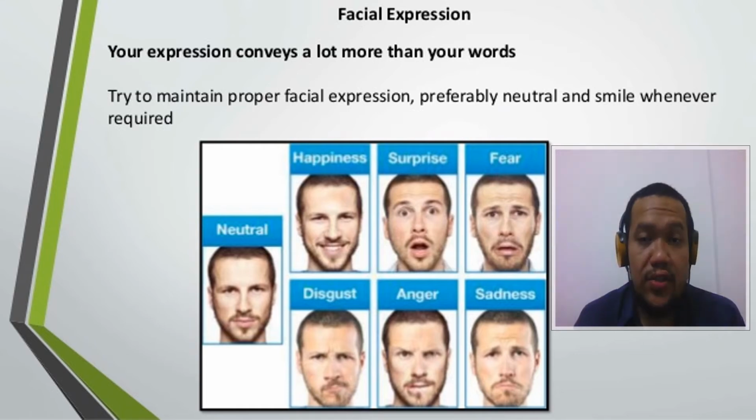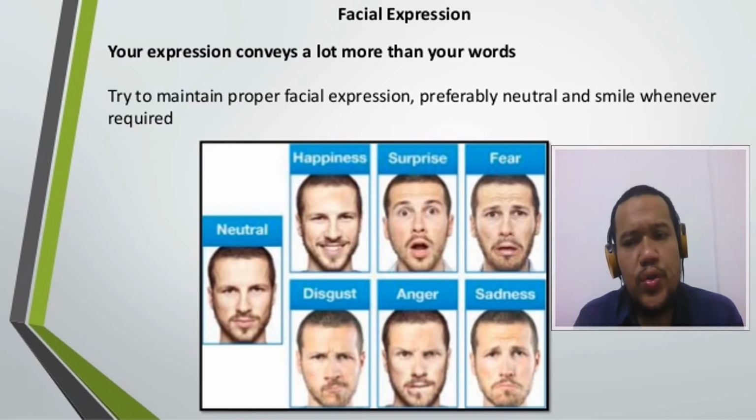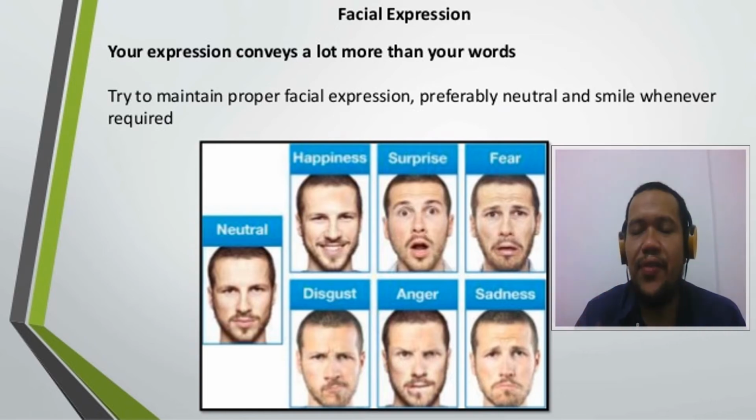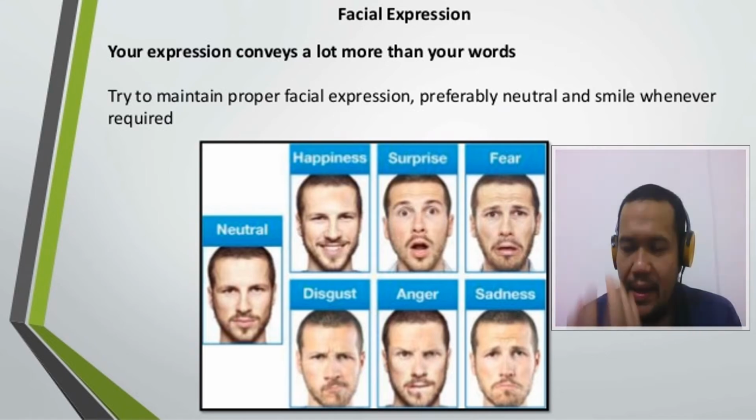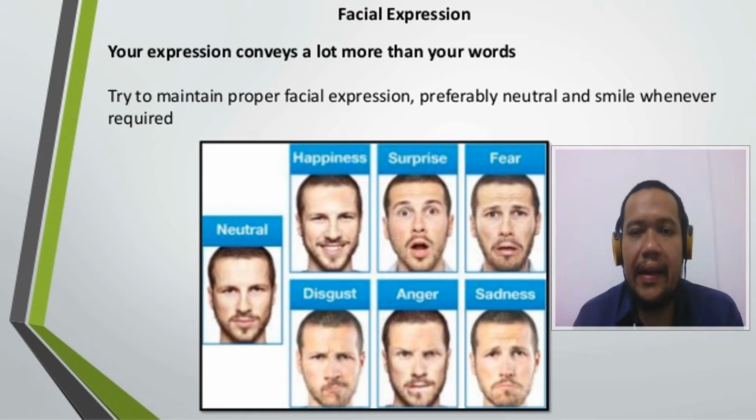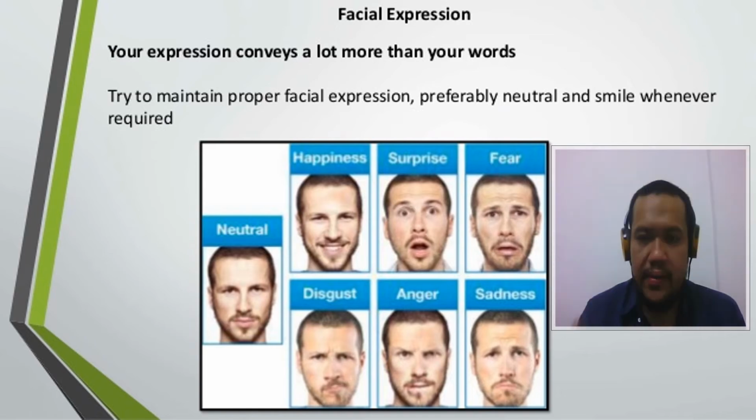This is actually the face when you are neutral, and when you want to show happiness, surprise, fear, disgust, anger, and sadness. You should know how to act out a bit, how to mimic with your face and show the right emotion. For example, if you want to give a sad speech, you might use the last picture of this face.